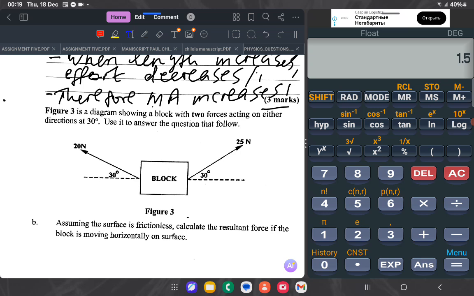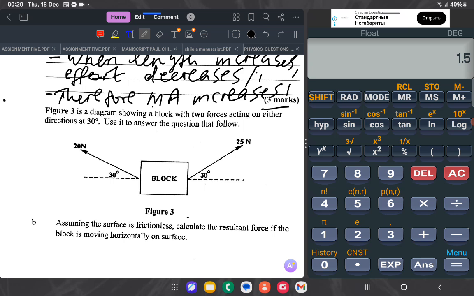The figure below shows a block with 2 forces acting in either direction at 30 centimeters. Use it to answer the questions that follow. Assuming the surface is frictionless, calculate the resultant force if the block is moving horizontally on the surface. So here we have 2 forces.